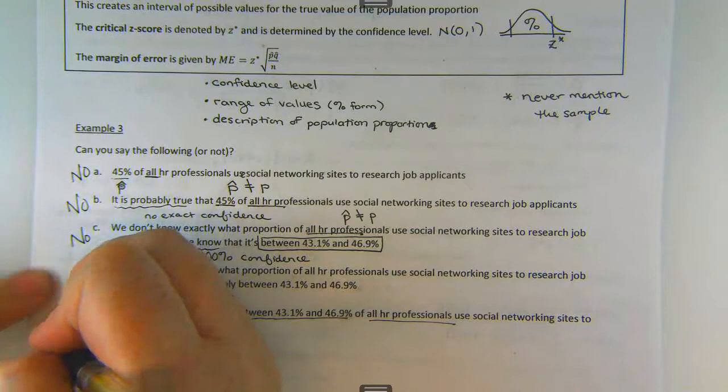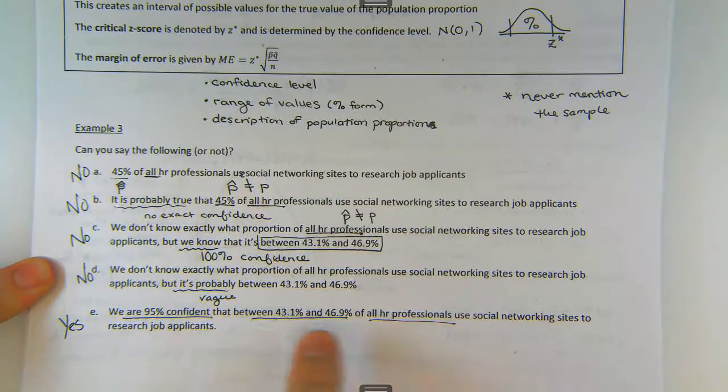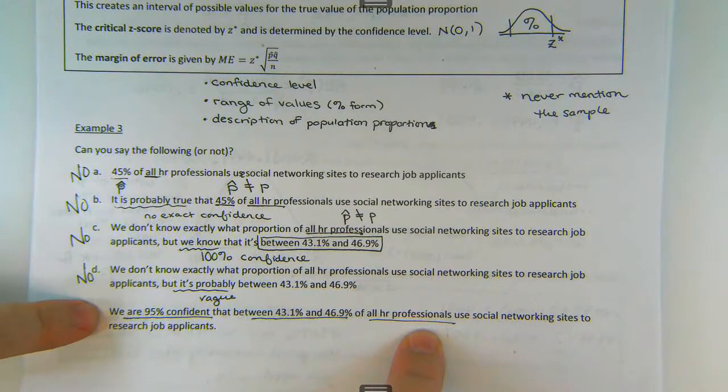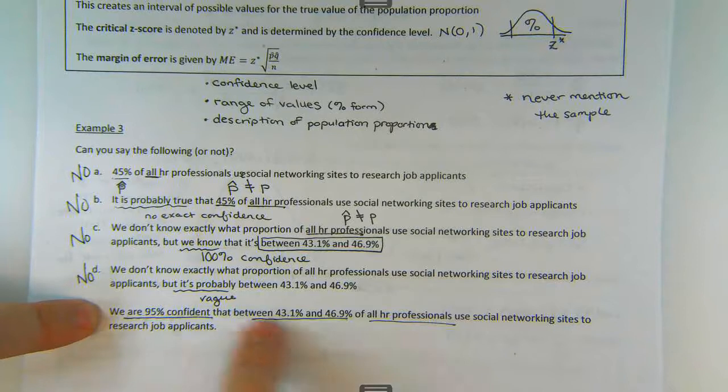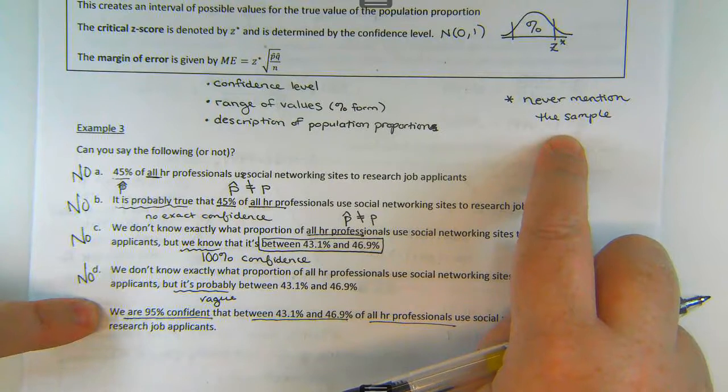This one is perfect. It matches what we talked about up above. We have our confidence level, we have our range of values, and we put it in terms of our population. So whenever we find these confidence intervals, you want to be sure you have those three pieces in there, and just make sure there's no talk about our sample value. It shouldn't be showing up in there.